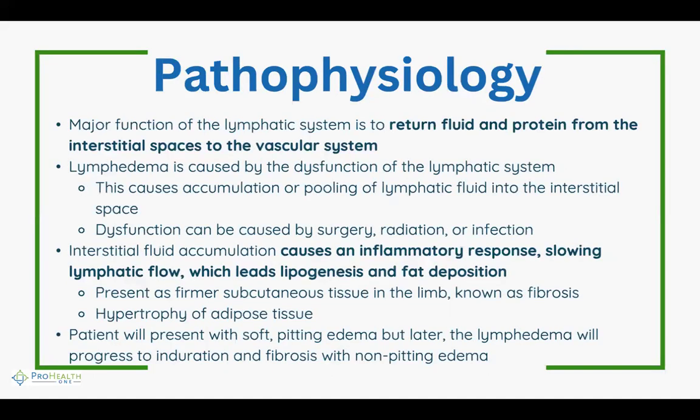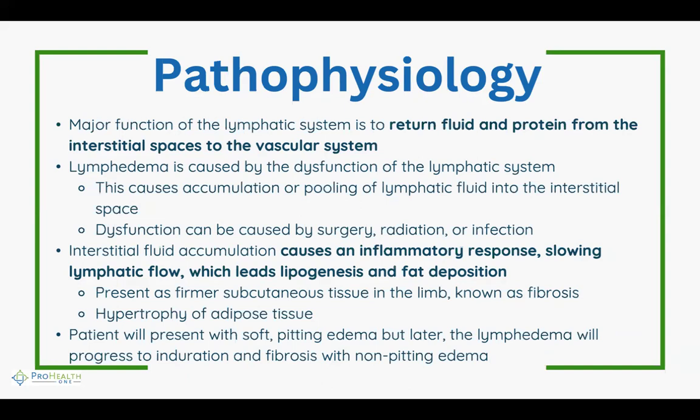More about the pathophysiology. As we previously mentioned, the major function of the lymphatic system is to return fluid and protein from the interstitial space back to the vascular system. And when that malfunctions, we get lymphedema.